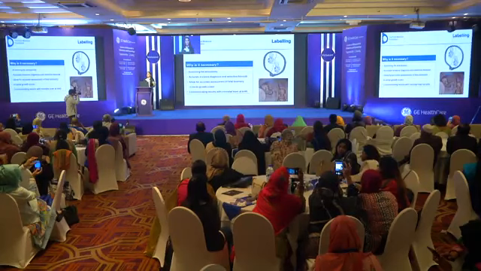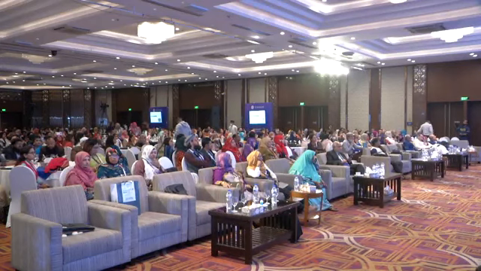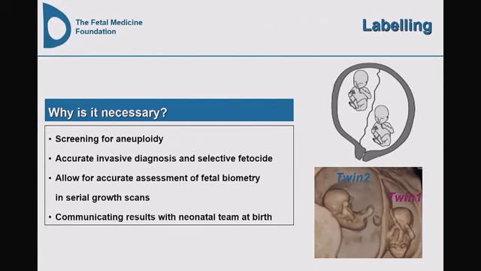Now the next question is, do we need to label twin pregnancy? And the answer is yes. Why? Because when we are doing screening for chromosomal abnormalities, we need to know twin 1 and twin 2, because, for example, in dichorionic twins, we could have one normal baby and the other one affected by trisomy or any structural defect, and this potentially will guide us through the invasive testing that we are going to offer to the parents.